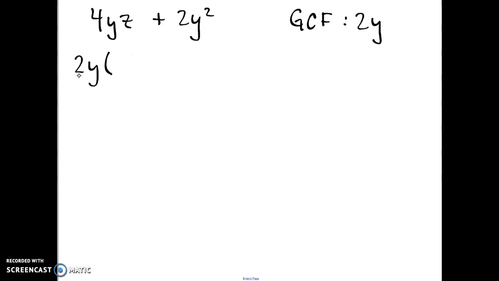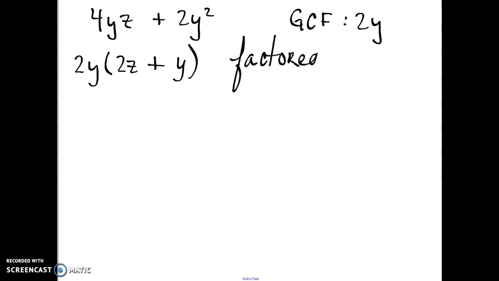So if I pull out that 2y, if you remember, what was left is 2, because 2 times 2 makes 4. There's my y and z. I'm going to bring down my plus sign. 2y. What I have to multiply 2y by is y. Y times 2y gives me 2y squared. And this is my factored form of that polynomial. I have taken the GCF and reverse distributed it to take it out.